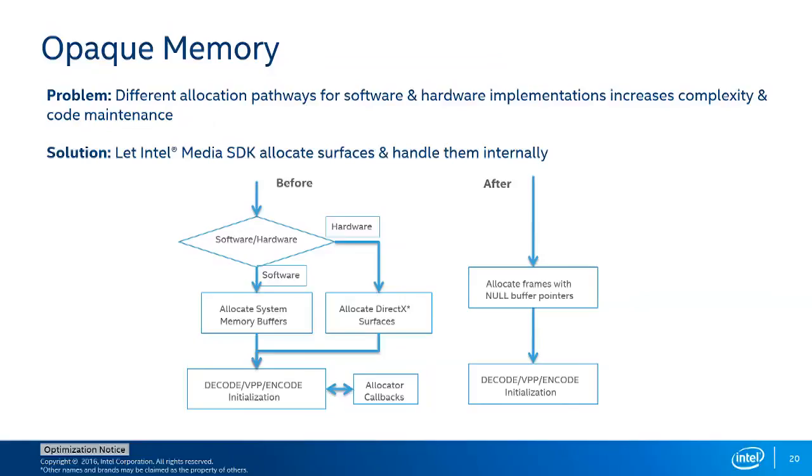You'd have to set up a VPP operation that has opaque in and system or video memory out to actually get access. So opaque is a great option if you've got relatively simple Media SDK pipelines, but you'll probably want to use video memory as it gives you a lot more flexibility.